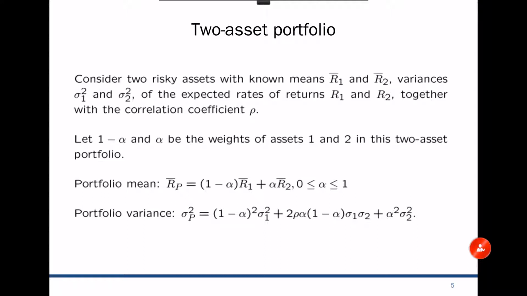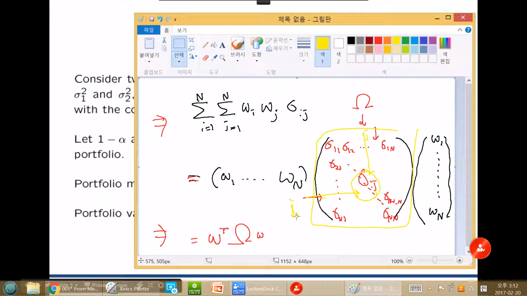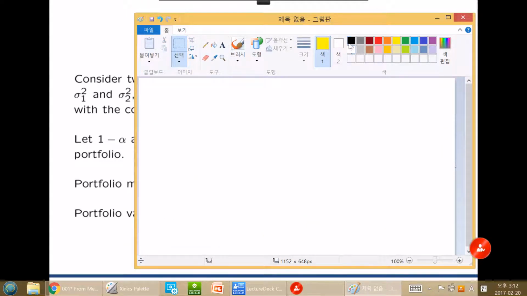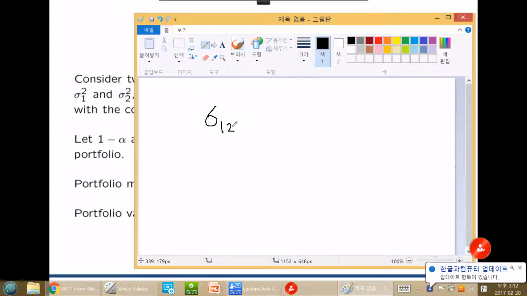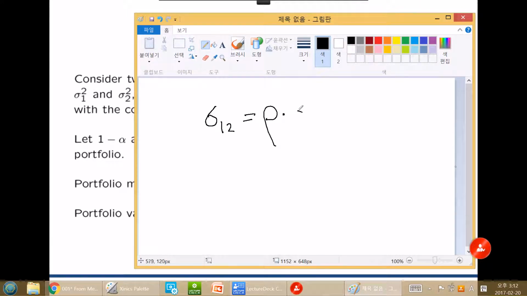Okay. Now portfolio variance. Sigma p squared looks like this. Now we have a new notation for rho. Rho is simply the correlation, right? As you know, this is the covariance, right? This is the covariance between S1 and S2, and we know covariance is simply the correlation times the standard deviations of S1 and S2.